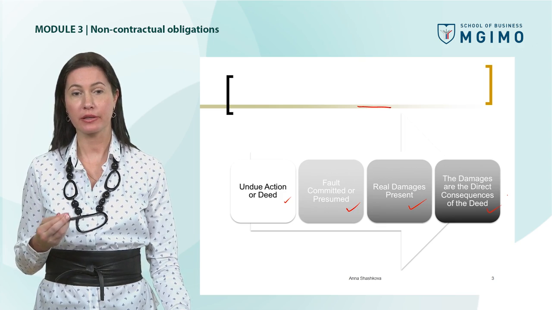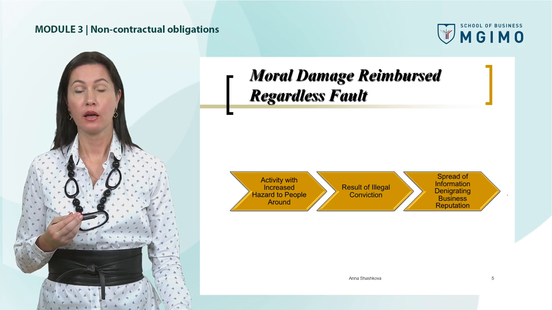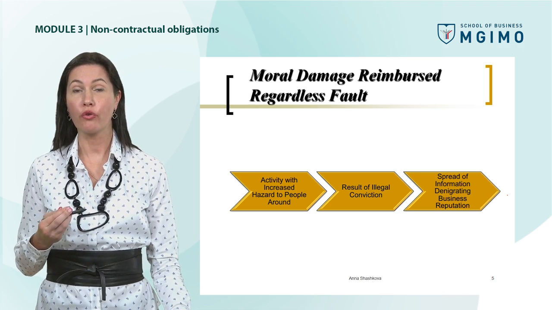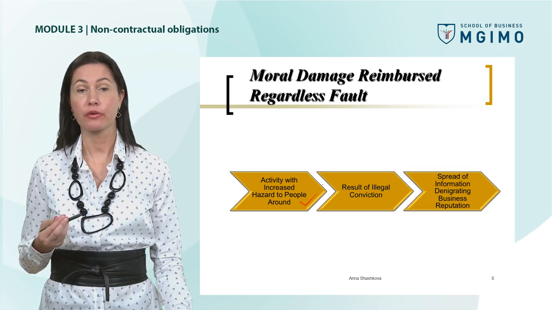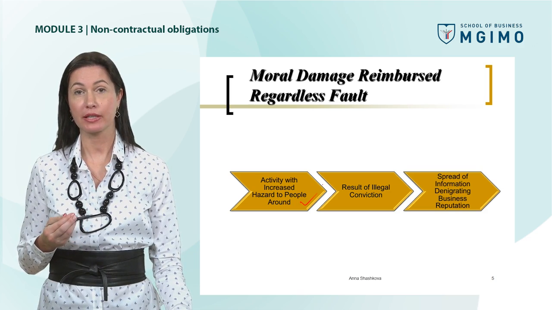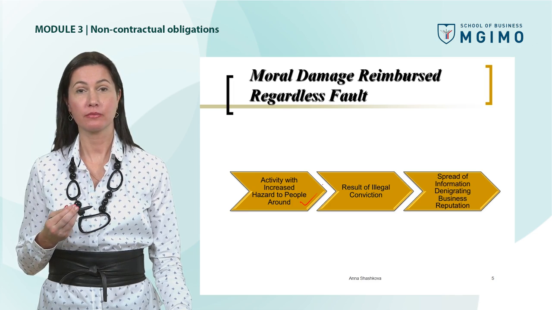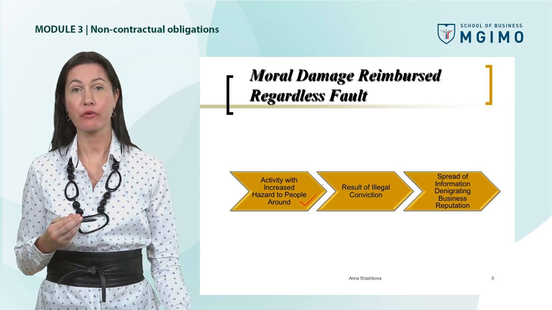Of course, there are exclusions. So now let's speak about exclusions. When we speak about exclusions, in this case, not all four notions must be present, but only three. So we speak about activity with increased hazard to people around. For example, a driver is driving a car with green light on, and the pedestrian passes the street with red light on.